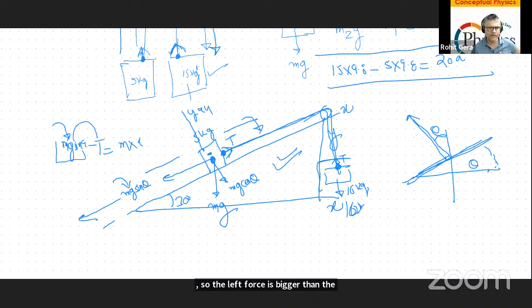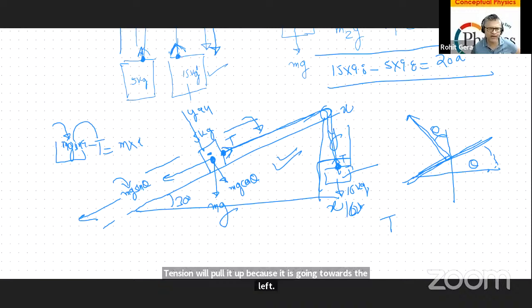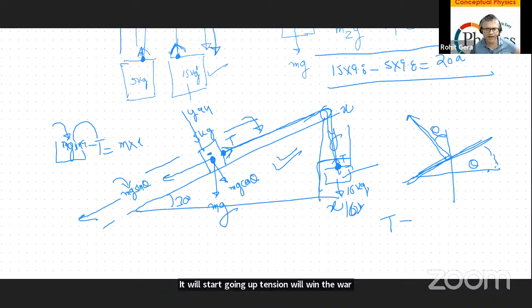If you have to write for this, you can also do that. Tension will pull it up because the other goes towards the left. It will start going up. Tension will win the war here. Minus whatever is the mass of this block into a is equal to m2 a.